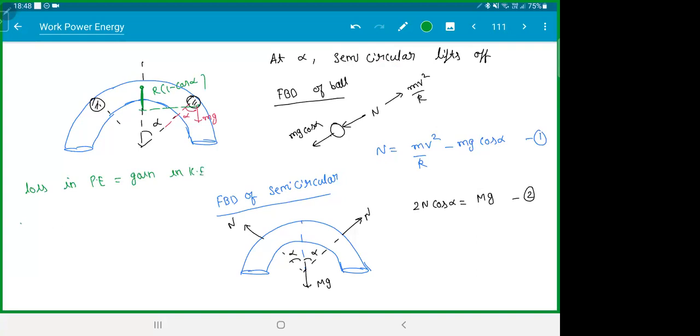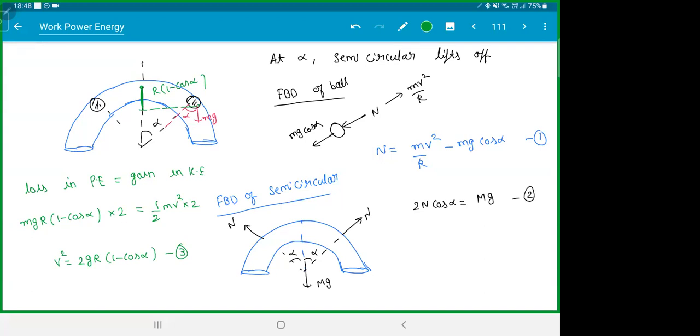That would be mg r 1 minus cos alpha, two times because there are two of them, is equal to half of mv square, two of them. So we get v square is equal to 2gr 1 minus cos alpha. This is your equation 3. Please check the three equations: energy conservation, FBD of the ball, and this thing.